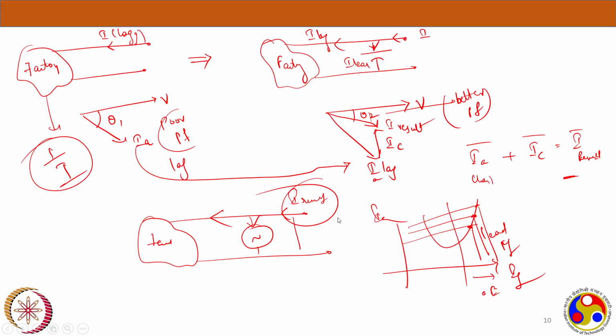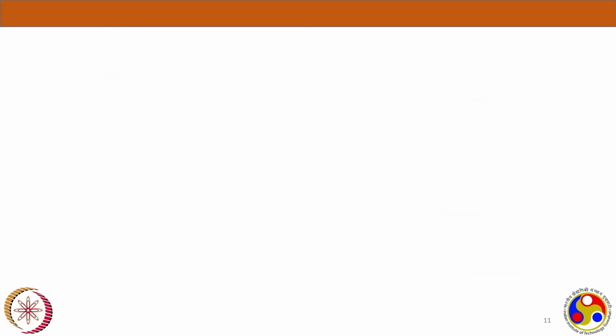This mechanism, or you can say this particular device, I will write it here, it's an important point.